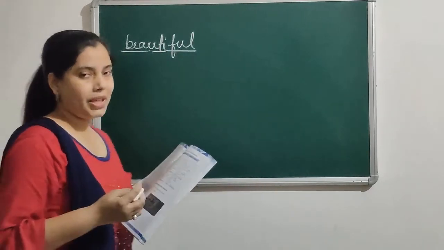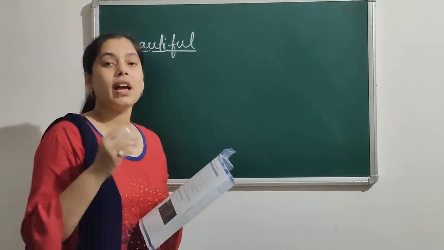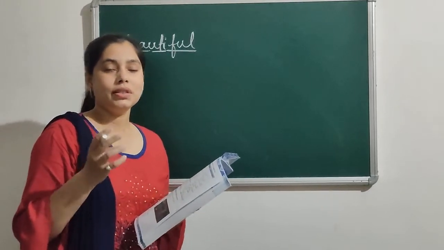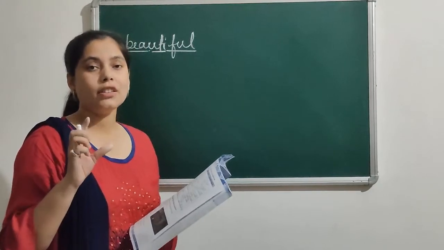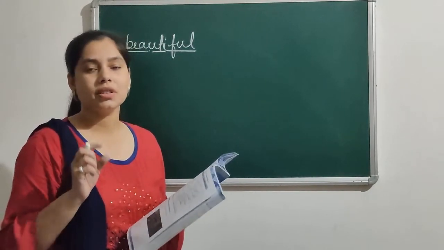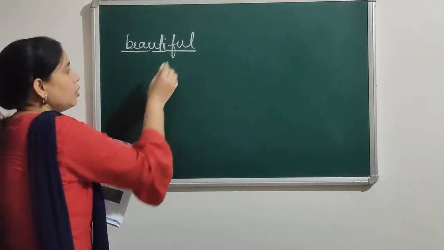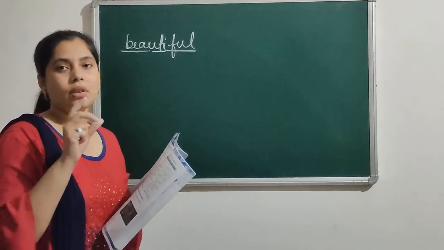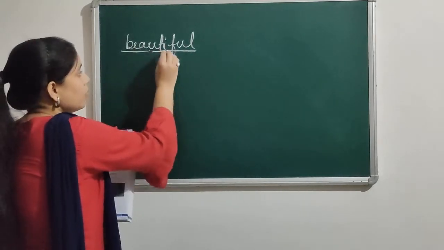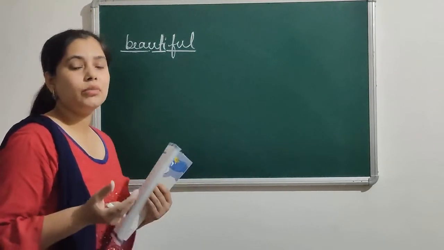When we speak, the movement of our mouth, the times when our mouth opens and closes while speaking the words, that is called the syllables. For example, when we speak the word beautiful, our mouth opens three times. We can say that this word comes under the words which have three syllables or more.